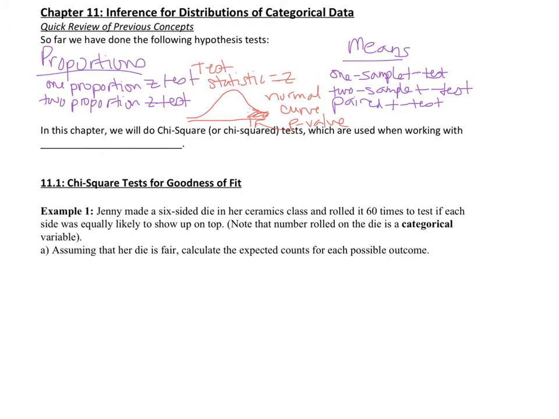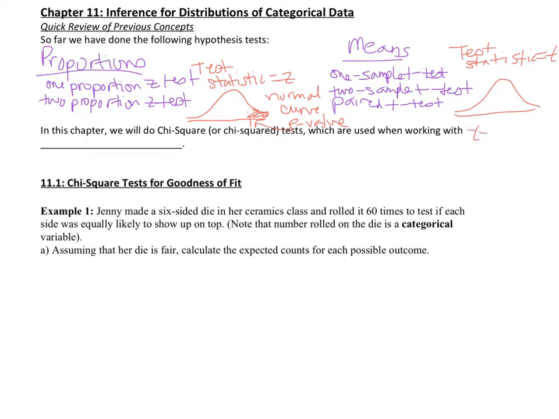The other type of tests that we've done have all been t-tests. And in those, as you might be able to guess, or hopefully you remember, our test statistic was a t. The other thing is that they used a t-distribution curve. Now, a t-curve actually looks like a normal curve.